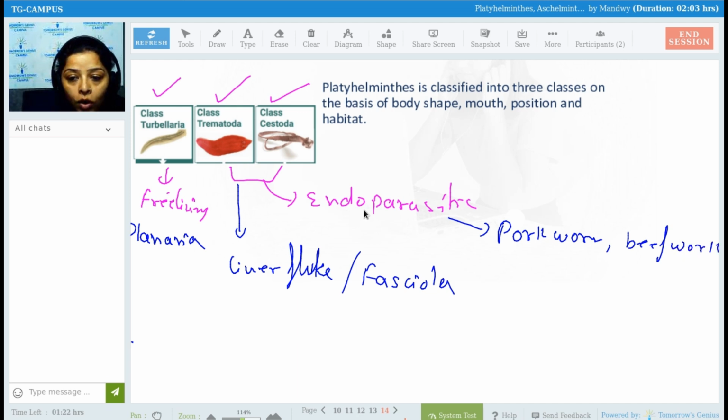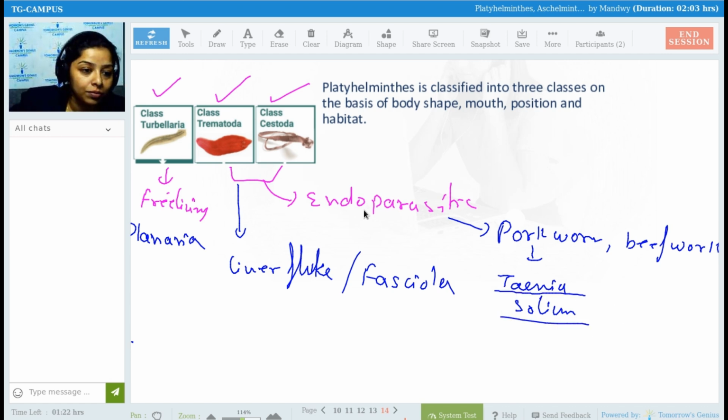Pork worm is Taenia solium. The scientific name for this worm is Taenia solium. As I'm writing it by hand, it should be underlined.